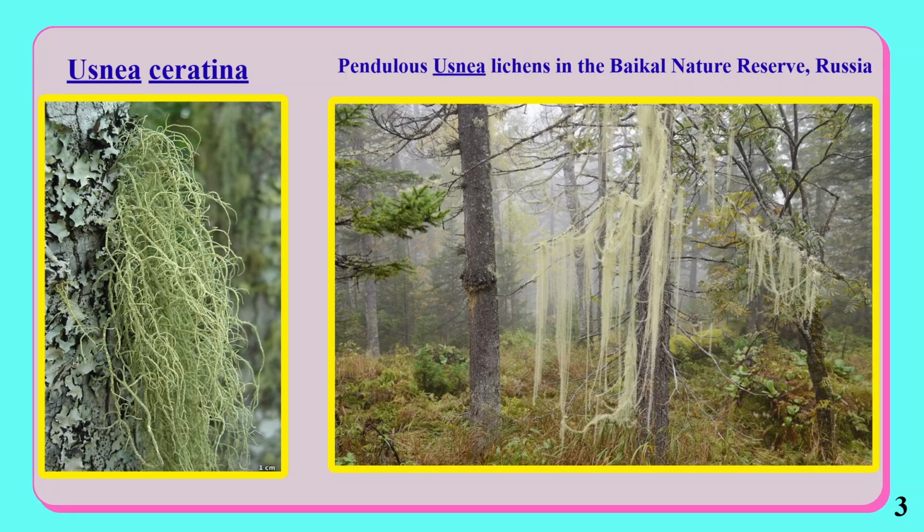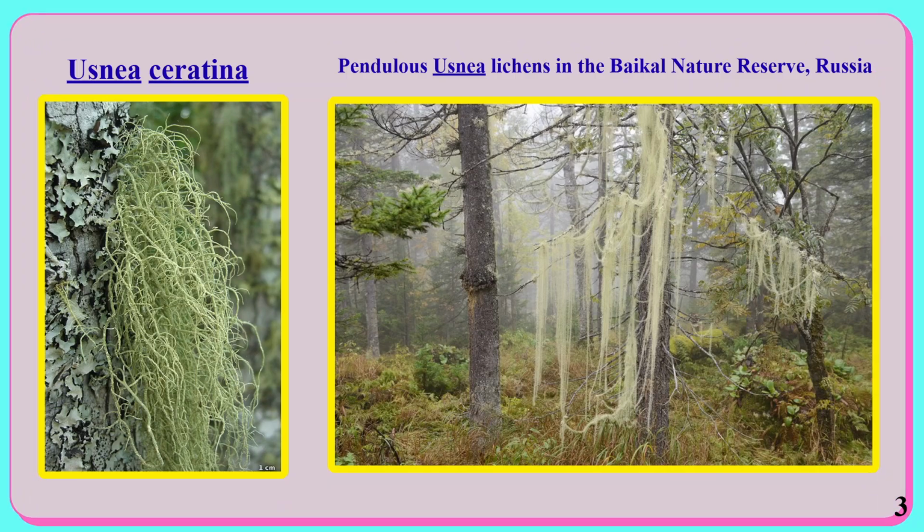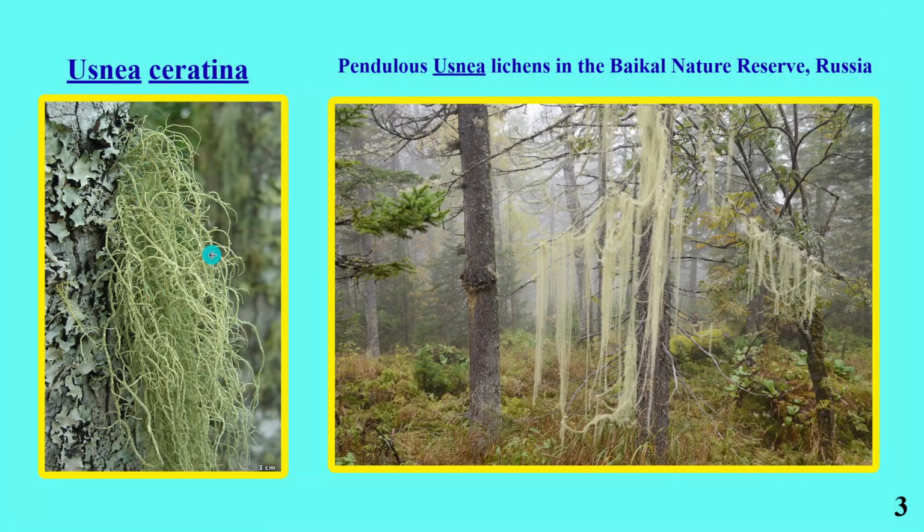Before getting into the details of Usnea, structure and life cycle, let me show you some of the images that we must understand to know the habitat and the morphology of Usnea. With these images, Usnea serratina, you can see there is a bark and then you have a hanging Usnea thallus.